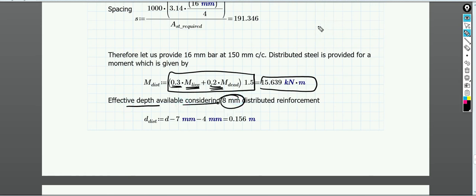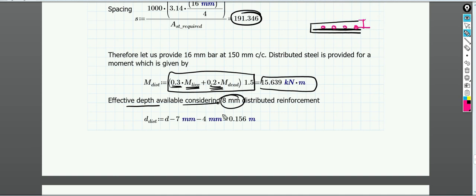Okay, so initially whatever reinforcement we have given, the 16 mm bars, those are provided. Suppose this is the cantilever, so bars are provided at the bottom. Then the distribution bars will be provided over those main bars. So for this distribution reinforcement, the effective depth will be reduced now.